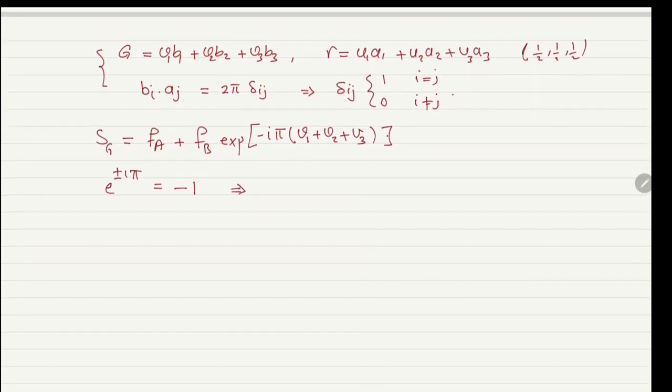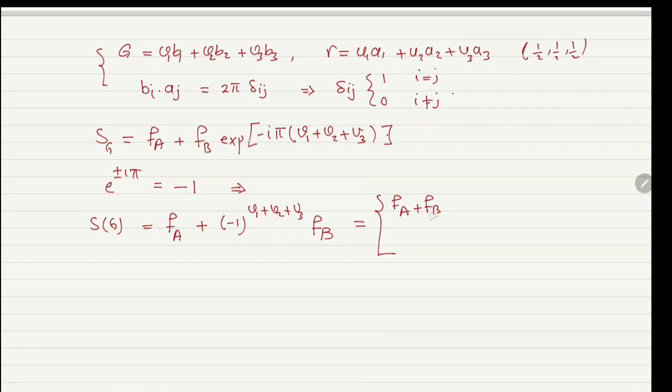Therefore, the structure factor equals f_A plus (minus 1) to the power (v1 plus v2 plus v3) times f_B, and the answer will be f_A plus f_B if v1 plus v2 plus v3 is even, and f_A minus f_B if v1 plus v2 plus v3 is odd.